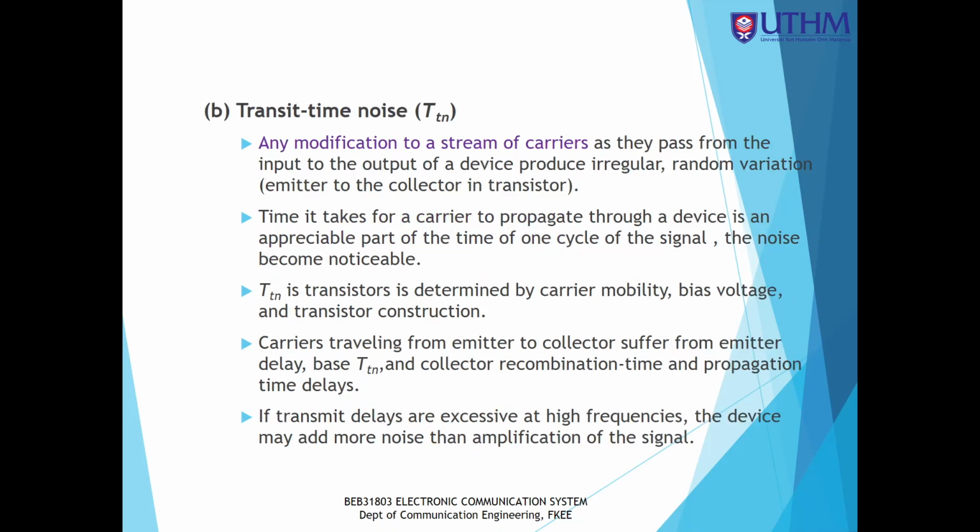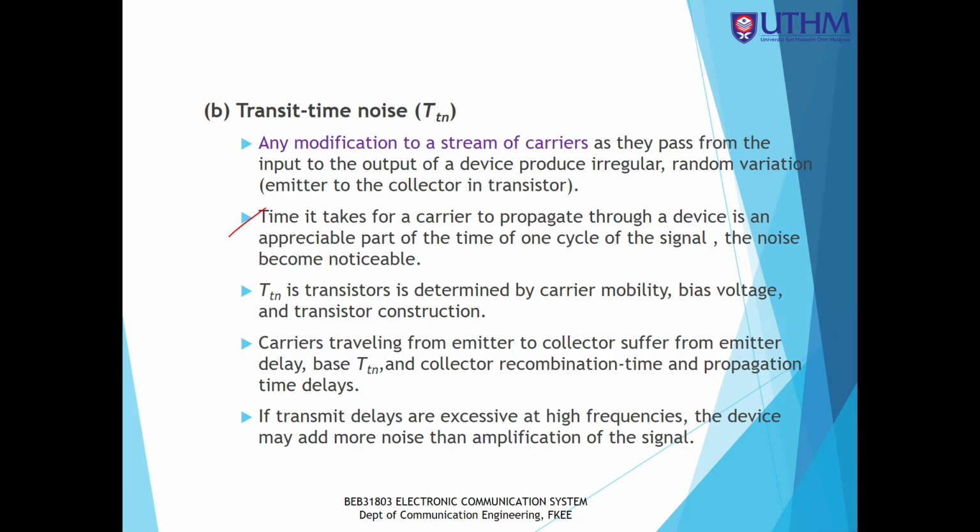Transit time noise is due to the time taken for the carriers to propagate through the device being an appreciable part of the time of one cycle of the signal. That means the time taken for the carriers to propagate within the device from input to output. These are categorized as transit time noise.